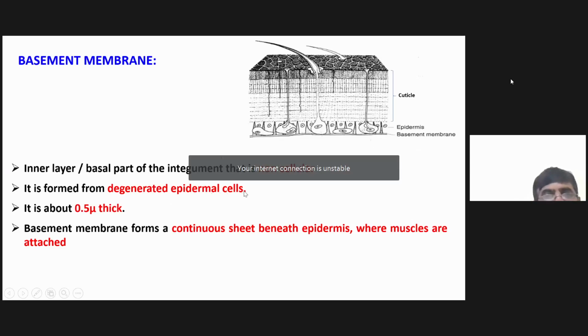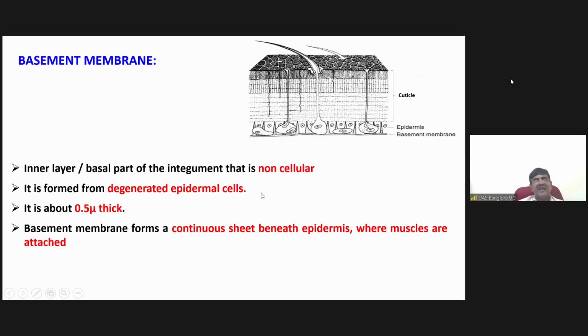It is formed from the degenerated epidermis cells. Above, you will have epidermal cells. Once they degenerate or die, they form the basement membrane. Compared to the other two layers, this basement layer is very thin.